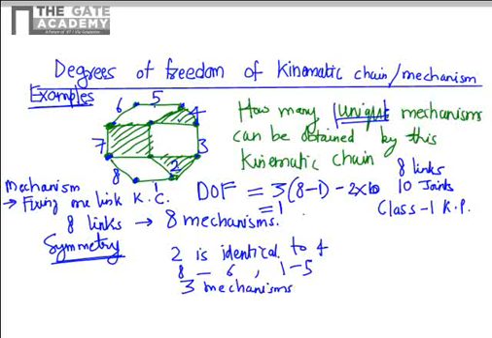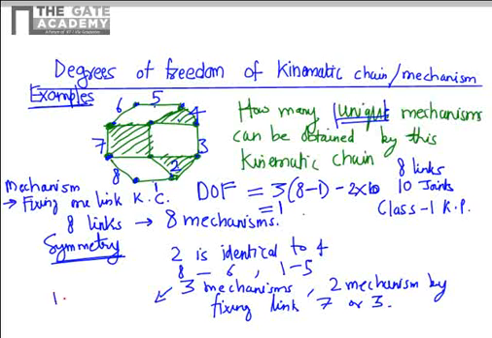And now, what are the other links remaining? That is link number 3 and link number 7. So you can get 2 more mechanisms by fixing link 7 or 3, and three mechanisms by fixing 1, 8, 2 or 6, 5, 4.